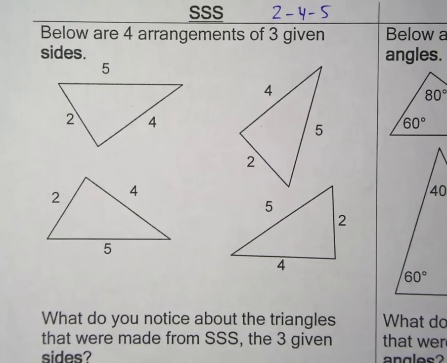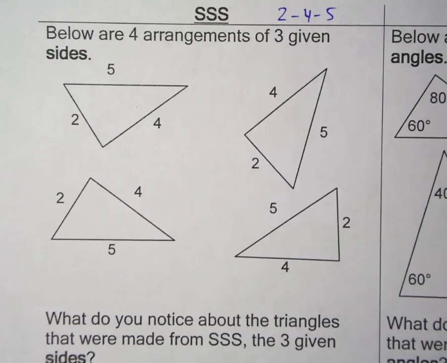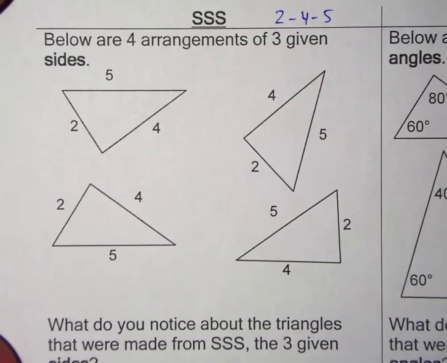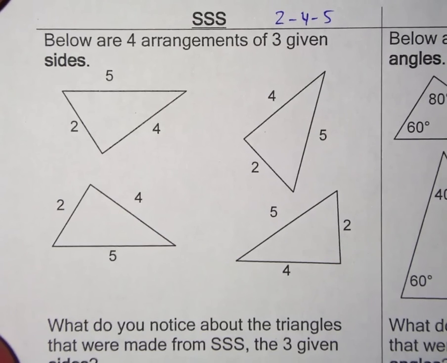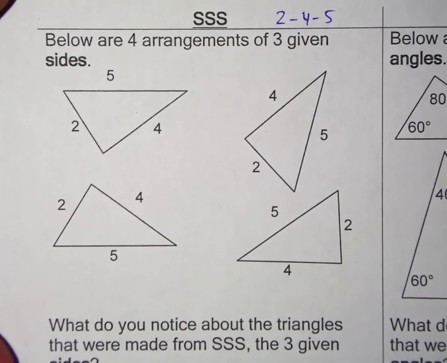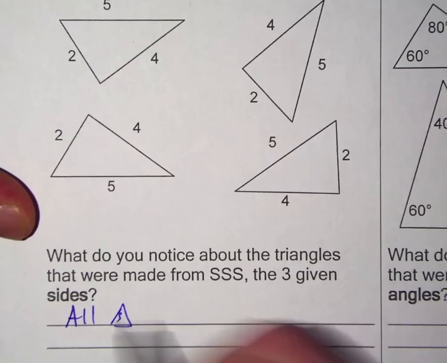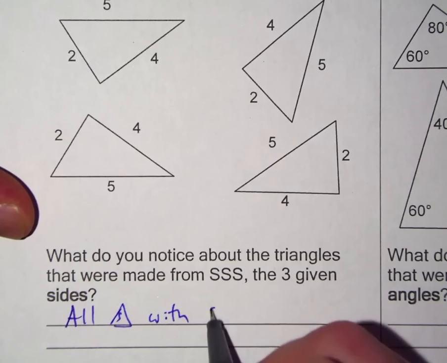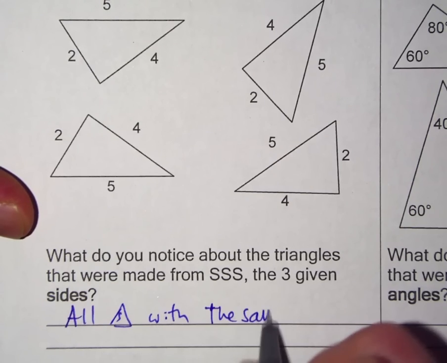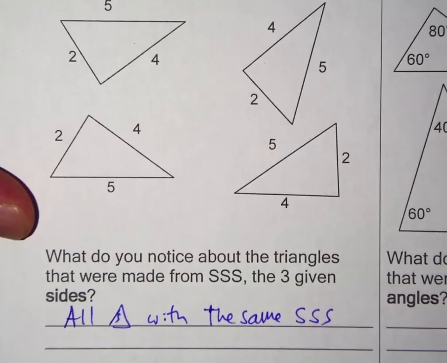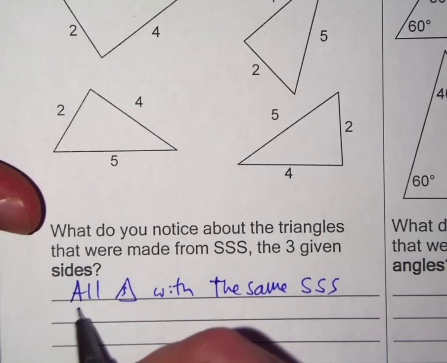Well, you see they've been rotated, maybe reflected, but no matter how I tried to put those three side lengths together, they always turned out to be the same. Those are all the same triangle. So all triangles with the same side parts are congruent.